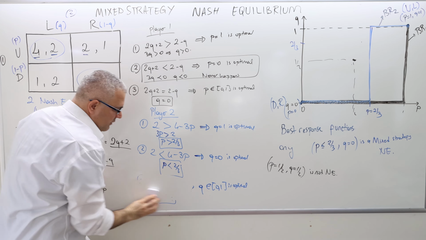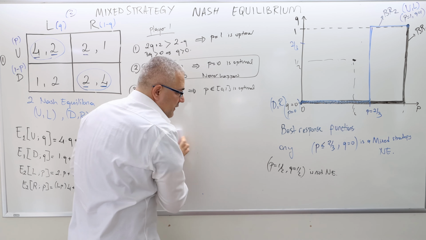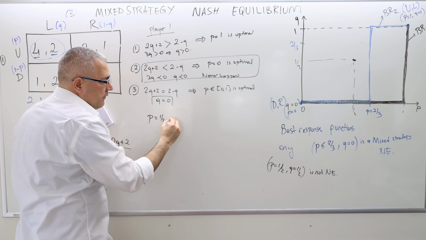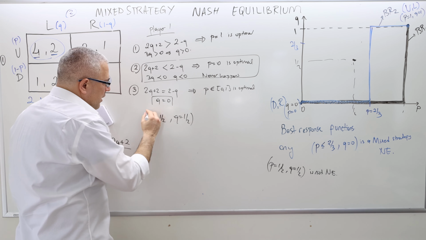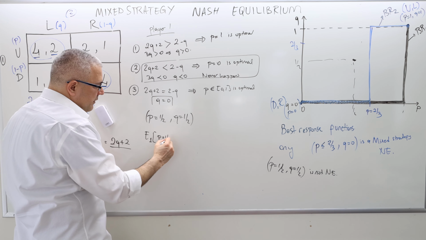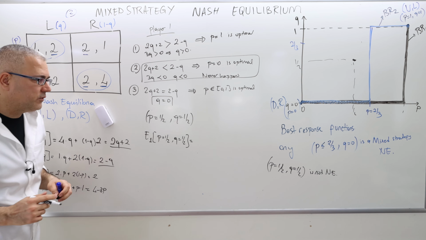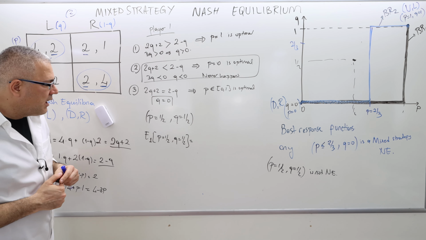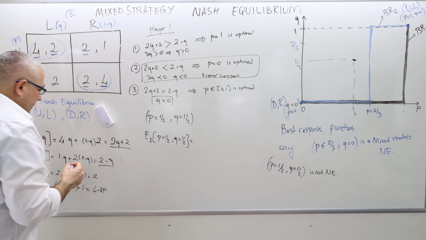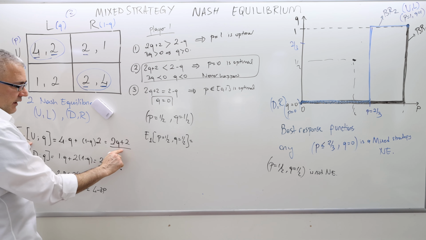So here's the exercise. What is the expected payoff of player 1 if this is the strategy? All right, so P is equal to 1/2, Q equals 1/2. What is the expected payoff of player 1, given that he plays P = 1/2 and the other guy plays Q = 1/2? What is that equal to? Okay. So for player 1's expected payoff, if he plays U, he's going to get this.